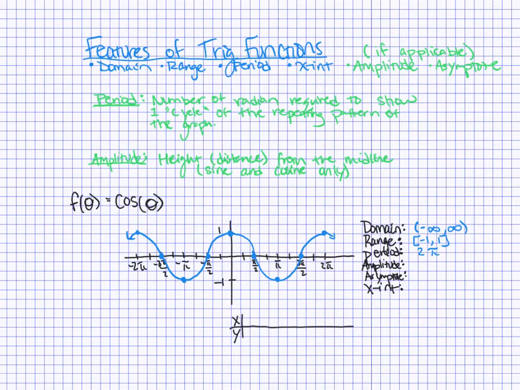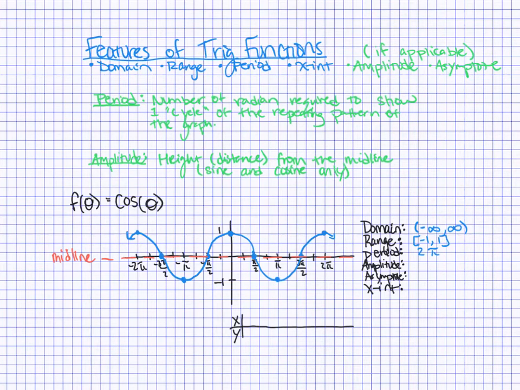Our amplitude, remember, was the height or the distance from the midline. So for us, the midline, like I said, is in the middle of our graph. It's going to be a line going right here. In this case, it's on our x-axis. So this is the midline right here, or where we kind of keep hitting the middle of the graph.